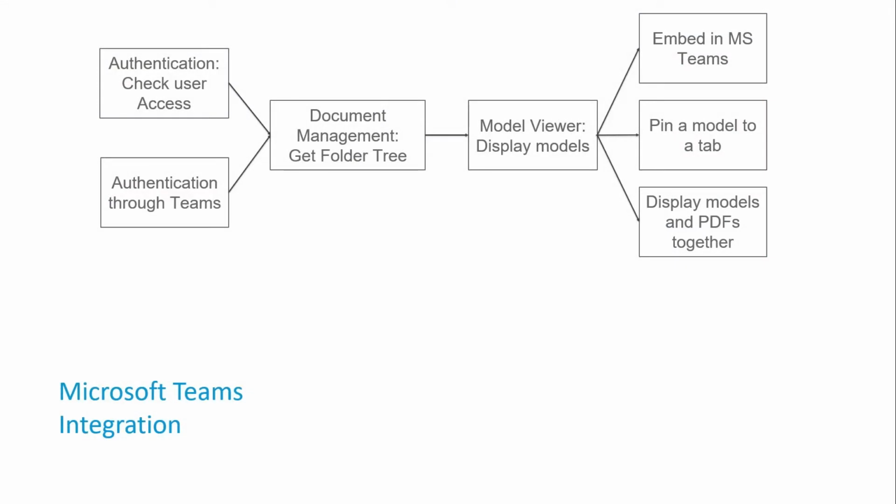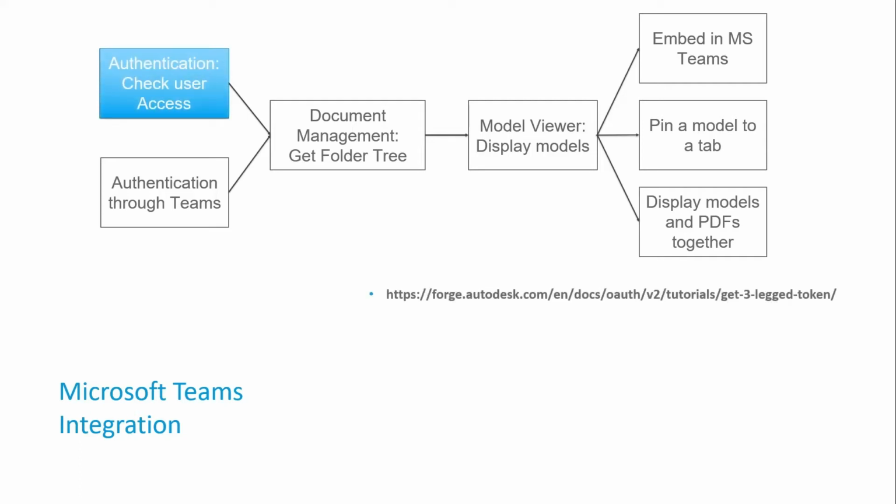Now, a first step, again, begins with the Authentication API. By including BIM 360 authentication, we make sure that Teams users only have access to the files and models that they should in BIM 360, regardless of their MS Teams permissions. Alternatively, we could skip this step and control access to models entirely using the permissions within Teams.